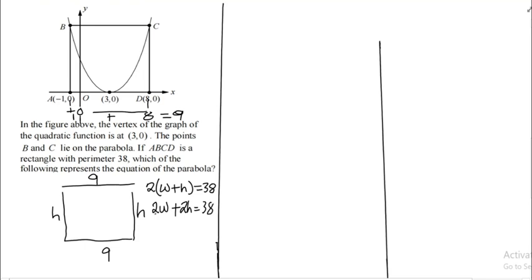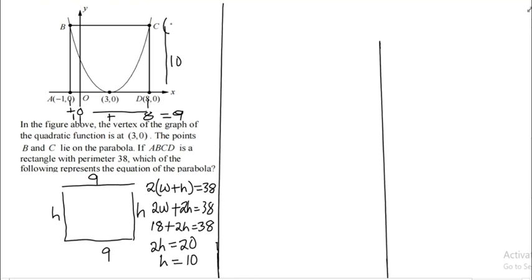Solving that out, the width is 9, so 2 times it will be 18, plus 2h, which is 38. So 2h will be 38 minus 18, which is 20. Therefore h will be equal to 10. So the height from this point to this point will be 10. Therefore the y coordinate is 10.